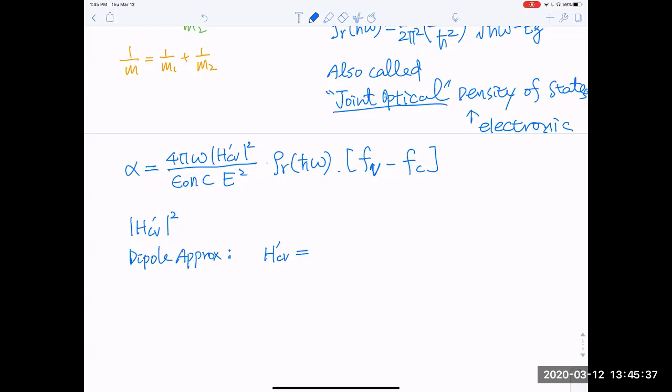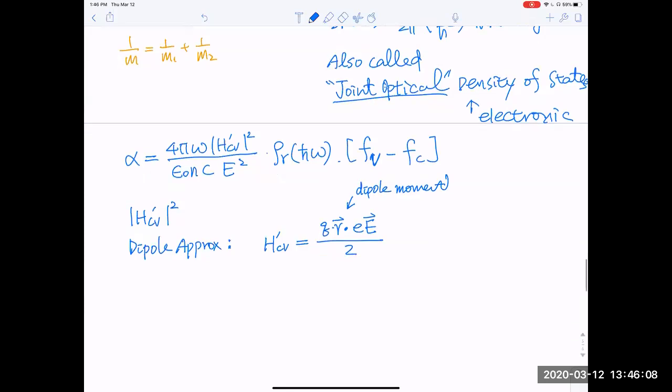A dipole is charge times the spatial coordinate vector times the force caused by the optical field. This is the dipole moment, divided by 2. The division by 2 comes from the real part; we only take the real part of the exponential formulation.